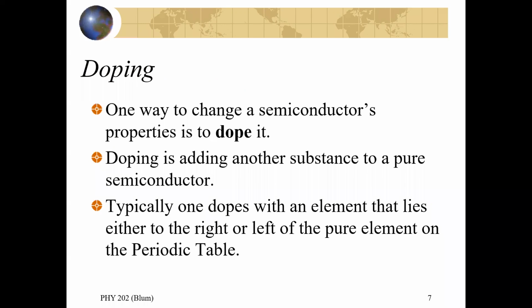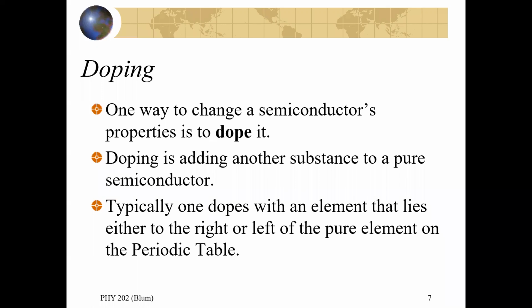Okay, so we want to change the semiconductor's property, and you do that by a process known as doping it. So you take the main semiconductor, some element like silicon or germanium, and then you bring in some other element which is close to it on the periodic table, but not the same as it on the periodic table.